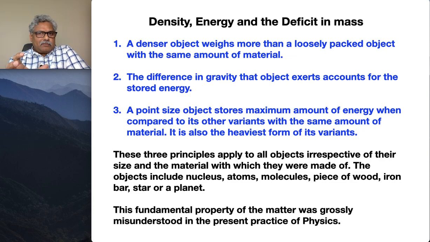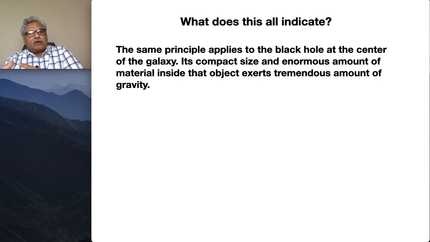At the same time, it measures less mass or gravity towards the earth. The difference in the mass, whatever gravity that object exerts in these two states, is what accounts for the stored energy. So what does this all indicate?